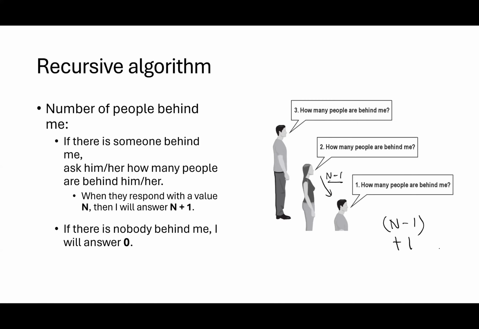Okay, so this is the final result. Similarly, this person got the result n-2. Suppose someone said, hey, there were 52 people behind me, so I can take this result and add 1 and say, oh, okay, there are 53 people including me in the line.